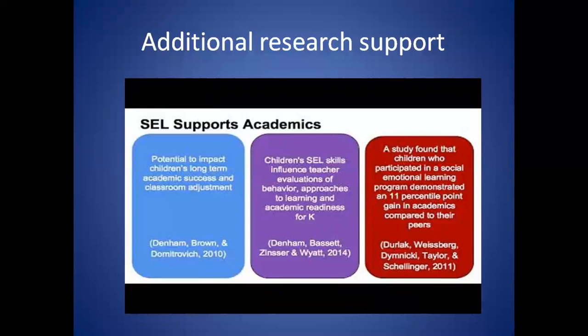Well, we can't always tell easily how attitudes improve, and it's not always easy to measure how behavior improves, but researchers trust teachers' perceptions of improvement. So the middle study there showed that teachers said that after their students develop better social emotional learning skills, their conduct, their interactions, their achievement improved in the classroom.